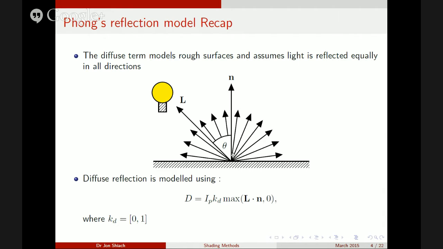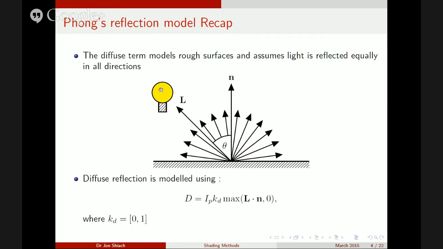Any light which falls on our surface is reflected equally in all directions. You can see those light rays are going everywhere. The amount of light that is reflected off of this surface is determined by this angle theta. The smaller the angle, the more light is reflected. If we have a small angle, the light source will be up here somewhere, so a lot of light is falling on your surface.